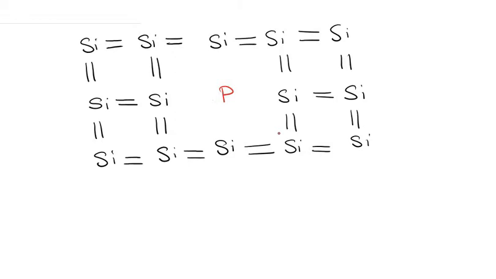Okay, so let us consider that this phosphorus atom is sitting and it is surrounded by all these silicon atoms. Now this phosphorus actually has 5 electrons in its valence shell. Phosphorus is a group 5 element. A group 5 element means that the phosphorus atom should have 5 electrons in its outermost shell.